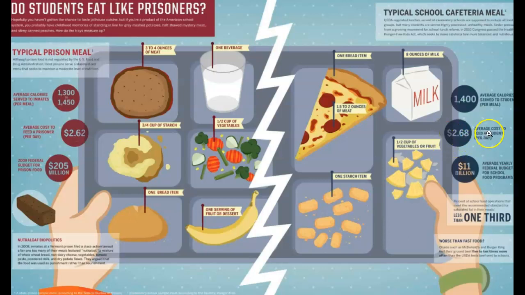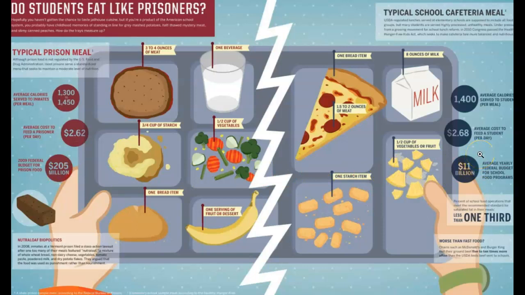Average cost to feed a student per day is $2.68 compared to the prisoner, $2.62. Very similar there too. Average yearly federal budget for school food programs is $11 billion, whereas the budget for prison food is $205 million. Quite a difference there.